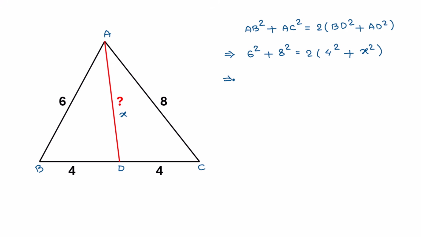Or 6 square is 36 plus 8 square is 64 is equal to right side, this 2 times of 4 square is 16 plus this X square.